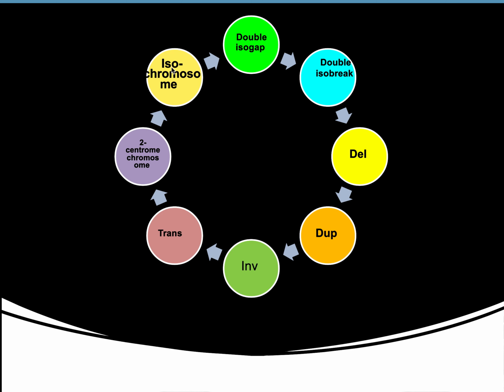For the normal way, they segregate the chromatids from top to bottom like this. And for isochromosome here, they don't have the normal way like this. They will divide equatorially like this, from here to here, not from here to here. And so they form two new chromosomes, and so that chromosome we will call isochromosome.